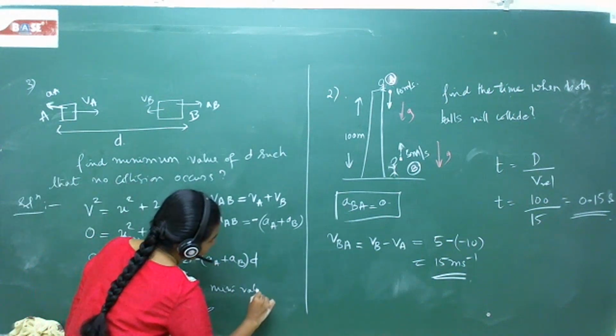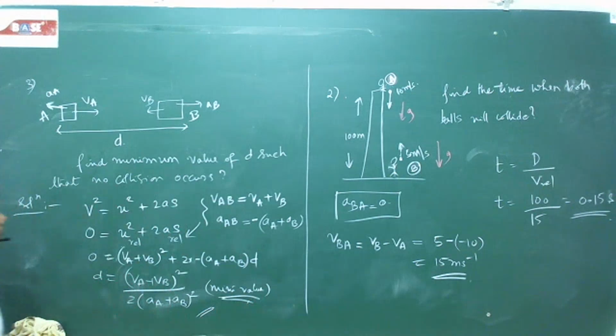So this is the minimum value of distance required so that no collision occurs.